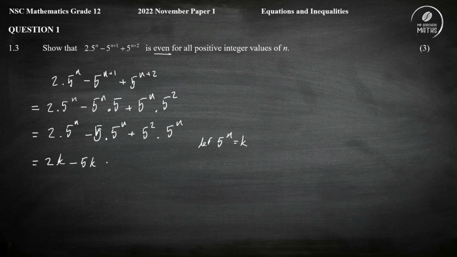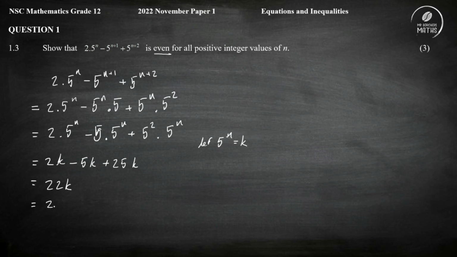And let's square that 5, and that would be 25k. Now we can see we have like terms that we can combine. 2 subtract 5 is negative 3. Then the negative 3 added to the 25 would make 22k.